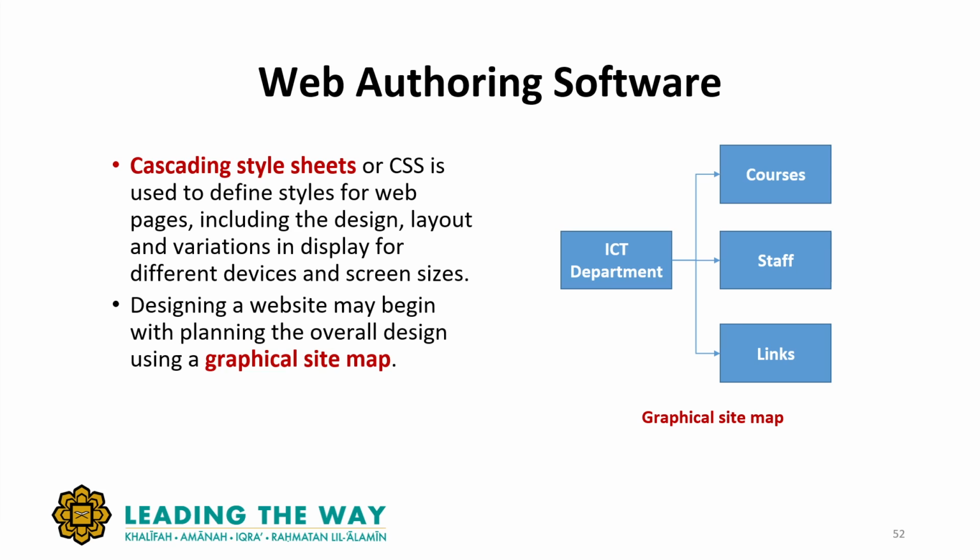Once the style is defined in a cascading style sheet, it can be used by any page that references the CSS file. Plus, CSS makes it easy to change the styles across several pages at once.